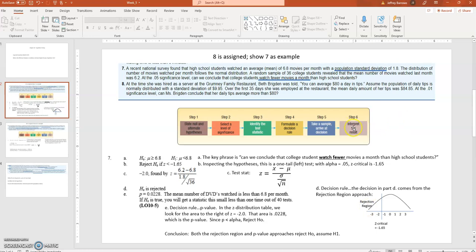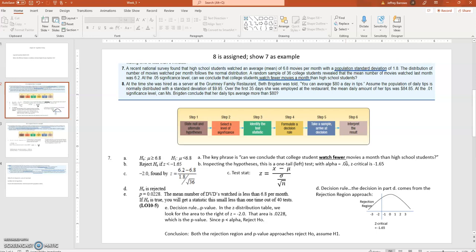So when you take the sample and arrive at a decision, remember from the reading that there are really only two outcomes in the test of hypothesis. The first would be that you would reject the null hypothesis, and that is as a result of the test statistic falling into the rejection region, or by the p-value, which I'll show you here in a second.